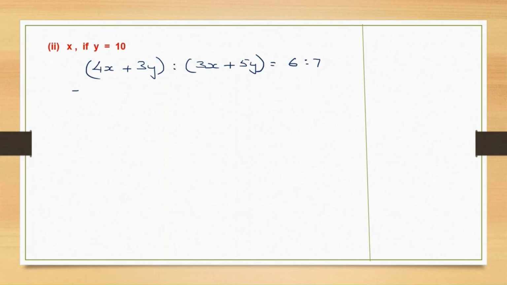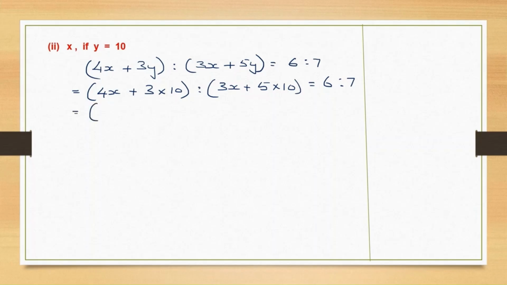So let's begin here. This will be 4x plus 3 into y. Y is 10, given to us in the question, is to 3x plus 5 into 10, again y is equal to 10, is equal to 6 is to 7.